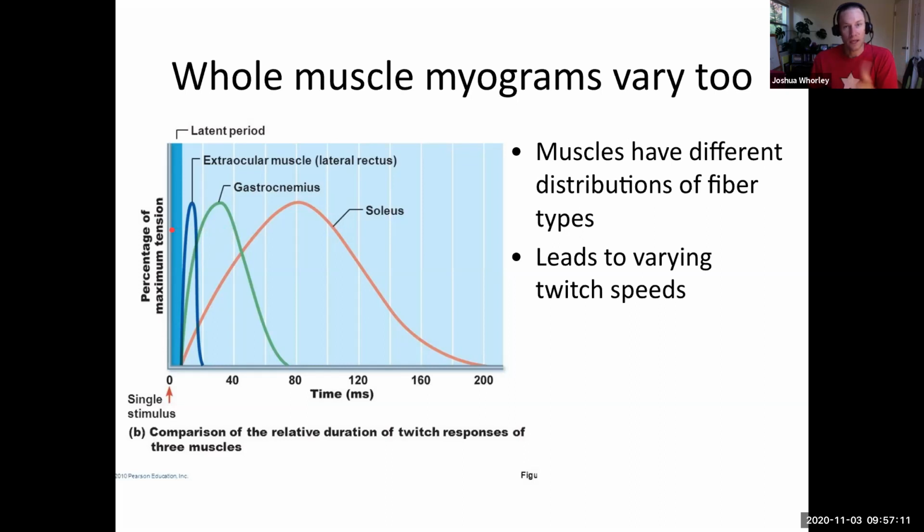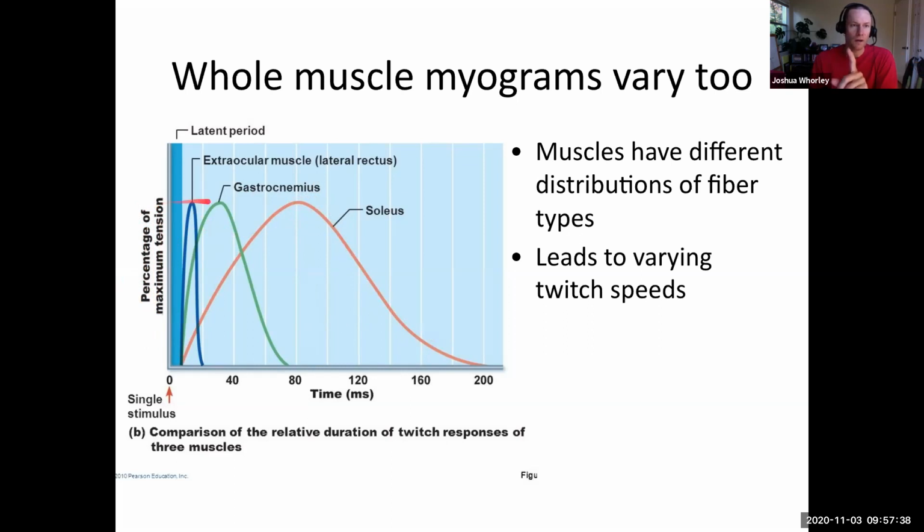It's just which type they express primarily that determines at least this contraction, this myogram. So first of all, what are we looking at here on the X and Y axis? Something you've seen before, tension, but this one is looking at the percentage of the maximum tension it could produce.